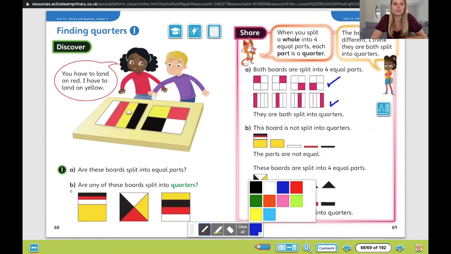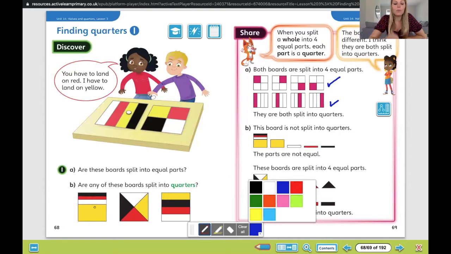Let's look at question 1B. Are any of these boards split into quarters? Remember, quarters is when you split a whole into 4 equal parts. So let's have a look at this one first. Let's count how many parts there are. 1, 2, 3, 4.